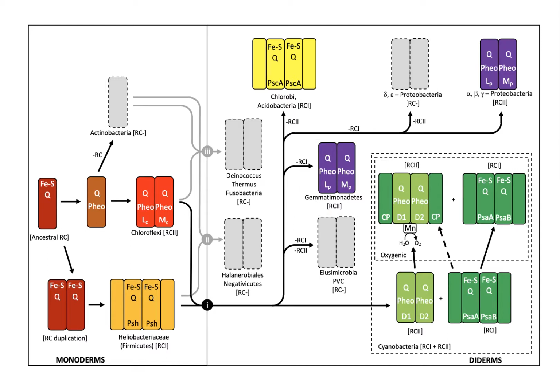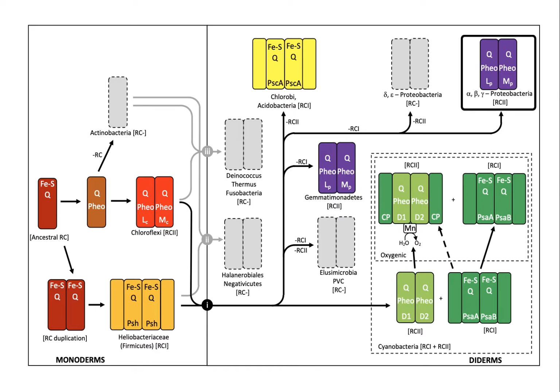When only reaction center 2 is lost, that leads to Chlorobi and Acidobacteria. And then going around this line, a loss of reaction center 1 in that group, a final loss in the delta and epsilon proteobacteria, a loss of reaction center 2, so those have no photosynthetic members.